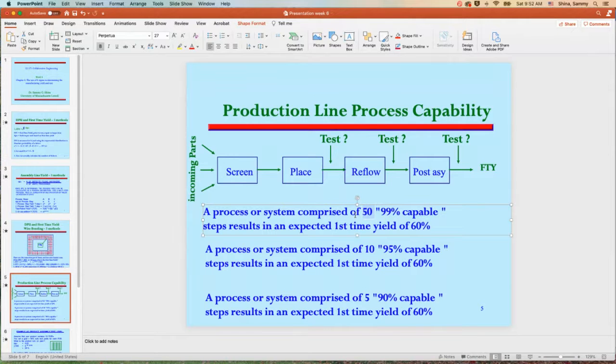So 50 is not a big number in the IC world, okay? So the first time yield will reduce this 99% for each station to 60% for the whole line, okay? So that's what I'm trying to say: if the individual manufacturing station quality is not at the highest level, what you're going to produce is essentially garbage.